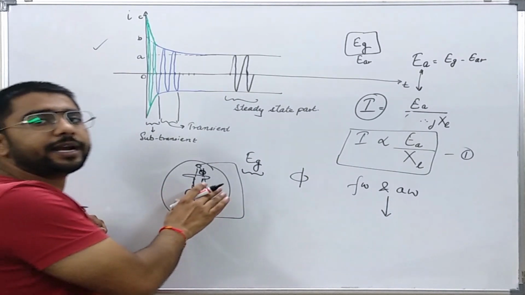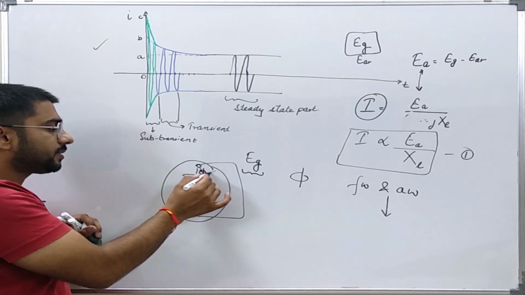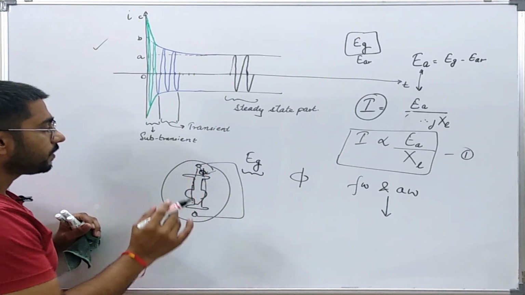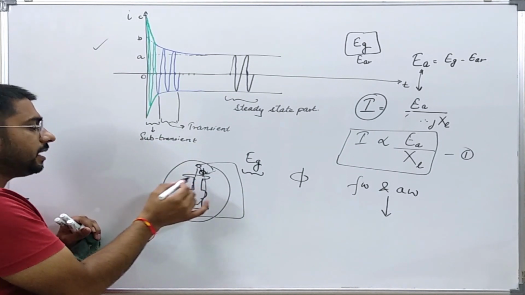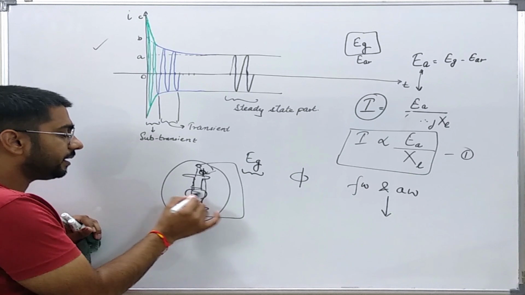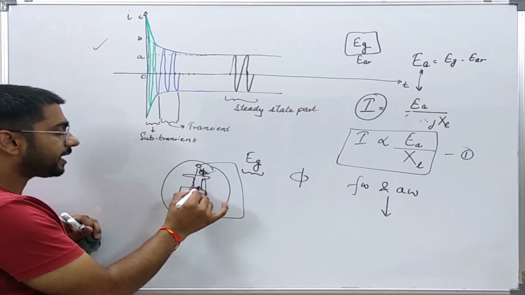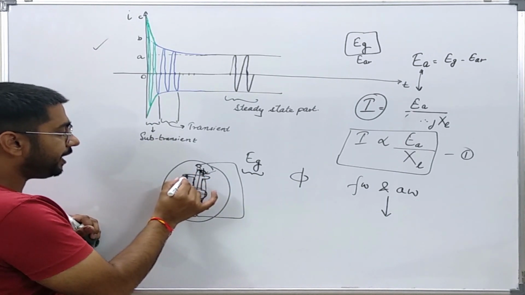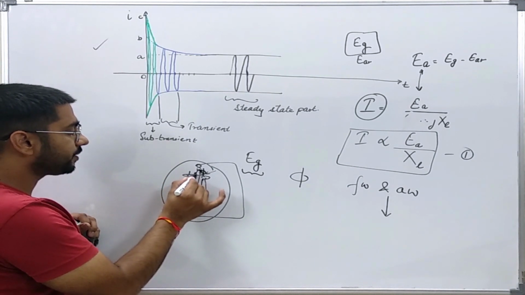Okay, and this will create another flux which is going to oppose this already existing air gap flux. Now there cannot be a sudden change, so what will happen? There will be another induced current in the field winding, which will try to induce more flux. Similarly, there will be induced currents in the damper winding, which will try to induce more flux.